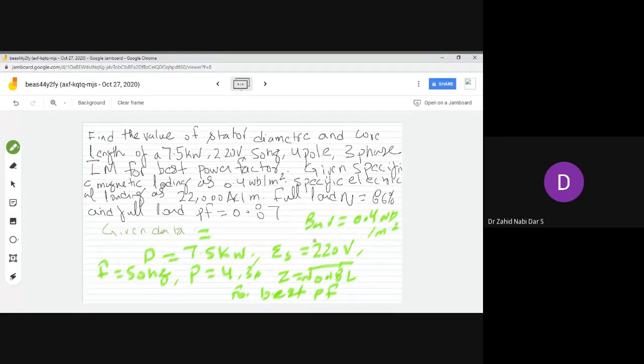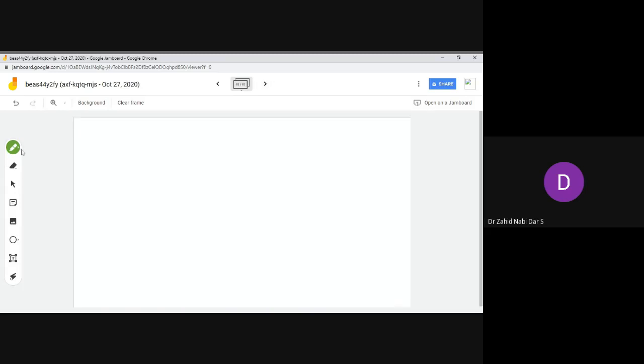Efficiency is 86%, power factor is 0.87. So what you want to calculate from this problem is the value of D and L.